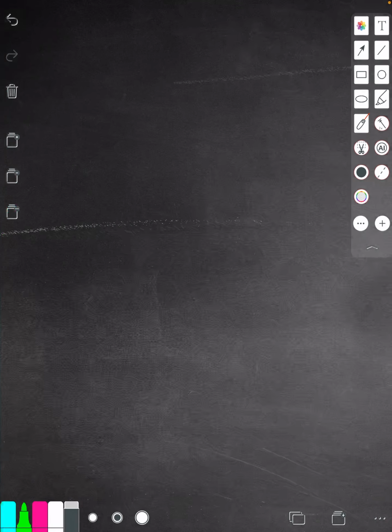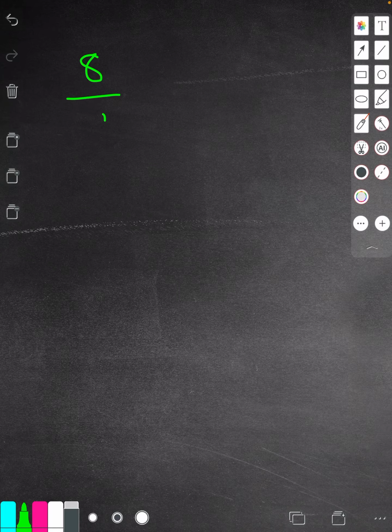Last one. Let's look here at 8/9 to 16/27. All right, so typically we would say turn them into whole numbers. This isn't really an option yet because we have fractions.